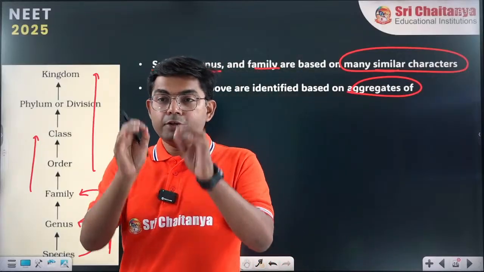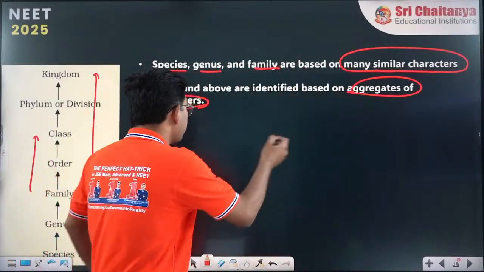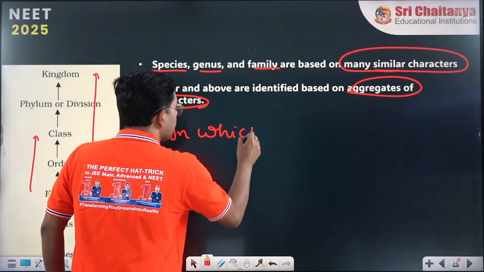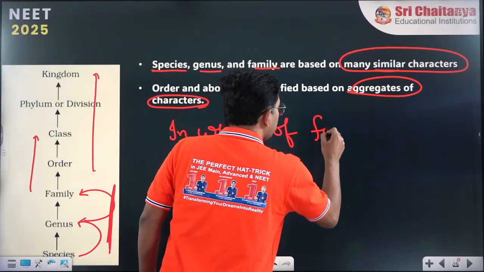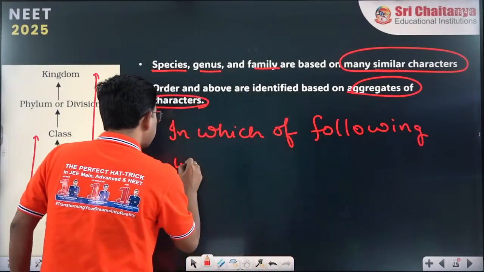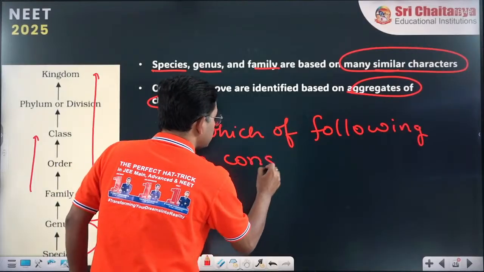Now how will the question be asked? Let's say I am drafting one question: in which of the following do we consider aggregate of character?